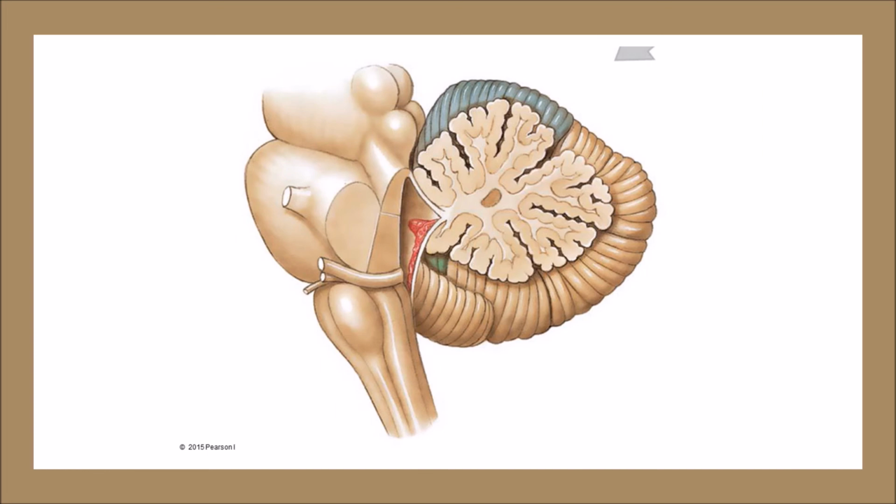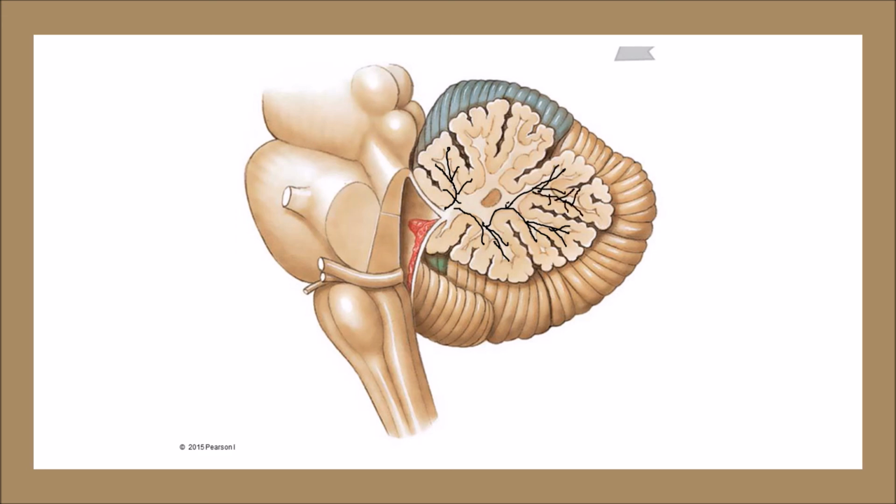Here is a close-up of your cerebellum, because I just wanted to point out a few structures. Inside the cerebellum, there are these white things that branch up like trees. And when you look at the brain, it looks like a bunch of tree branches in winter with no leaves on them. And they come out and branch out, and they're white.